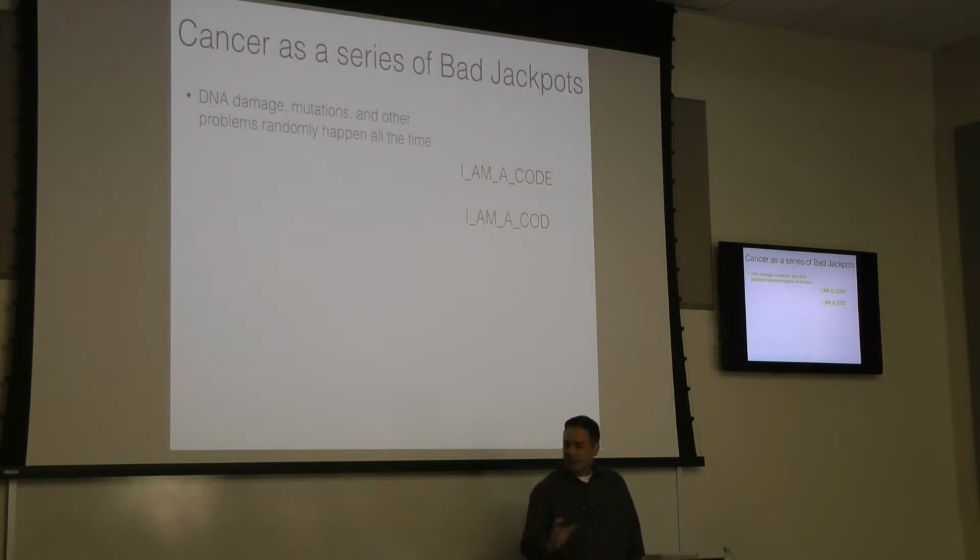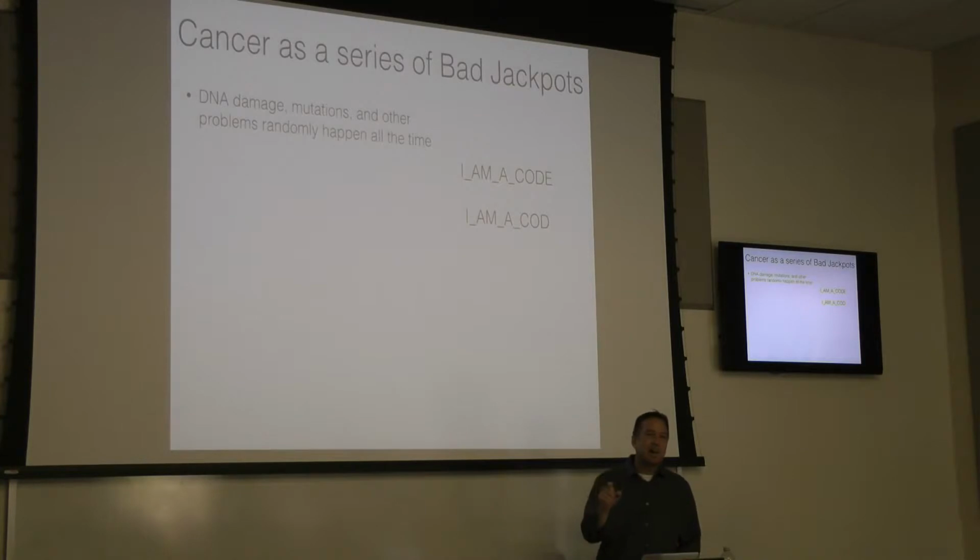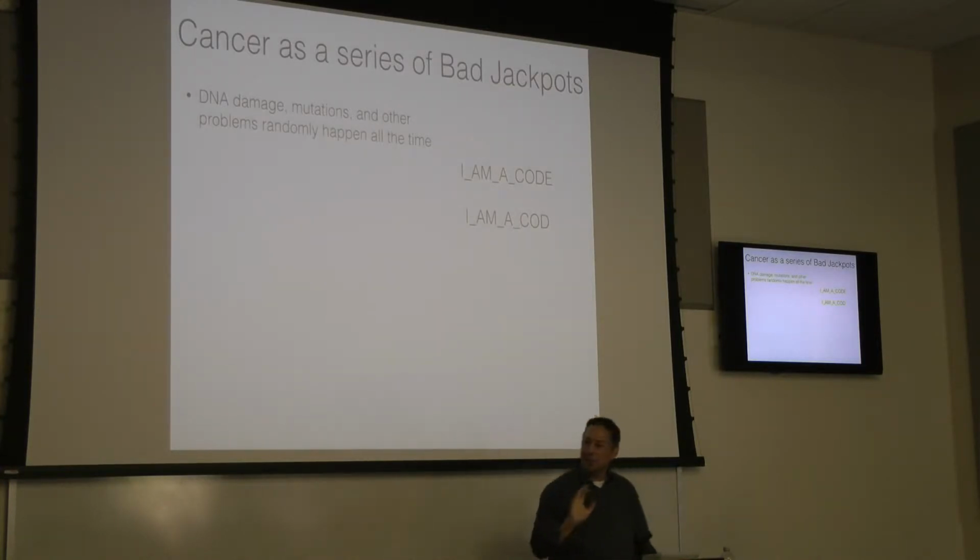So the way I'm thinking of this metaphor is, think of there being these slot machines. We'll just do press-button slots. Every time you press the button on the slot machine, if you get a jackpot, damage happens. So all of your cells, all the time, a certain number of times a minute, are playing the slots. They're the penny slots in Vegas.